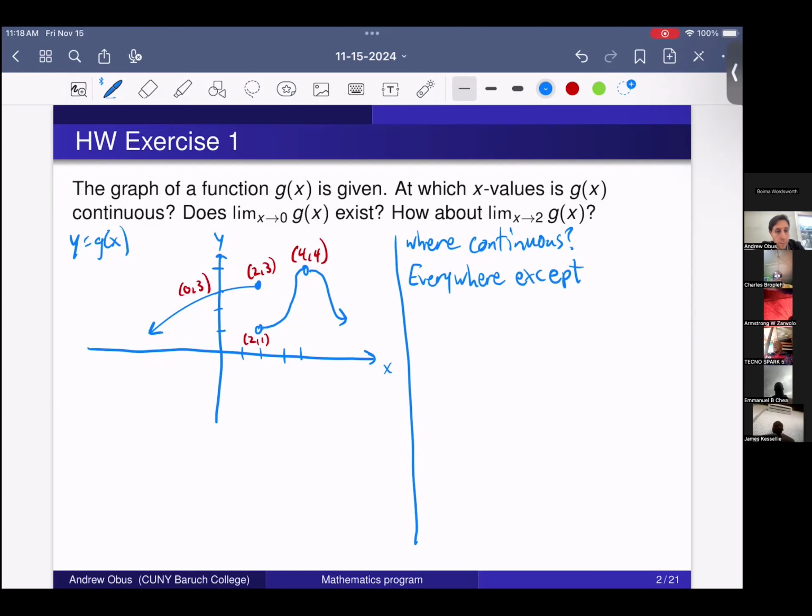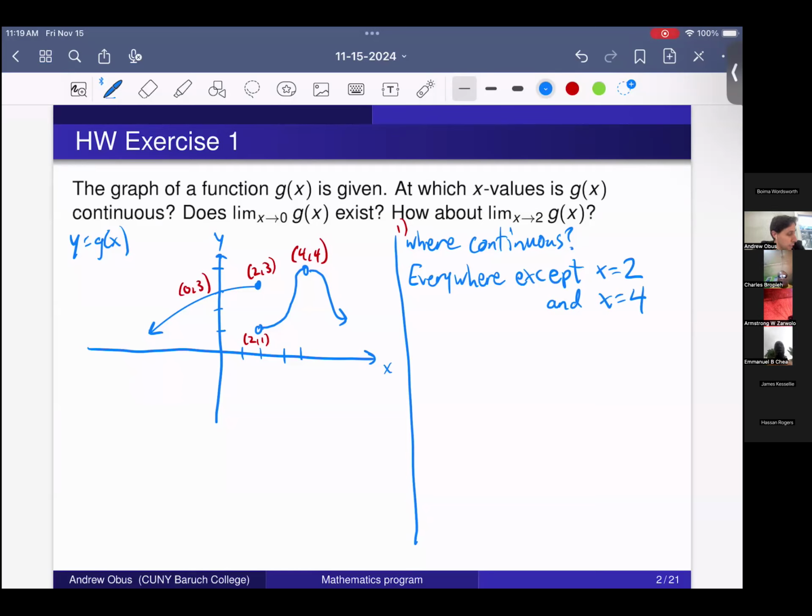So if you look closely, you will see that it is discontinuous when x is equal to 2, and when x is equal to 4, where we got (4, 4), because there's a breakage there. That's it. Perfect.